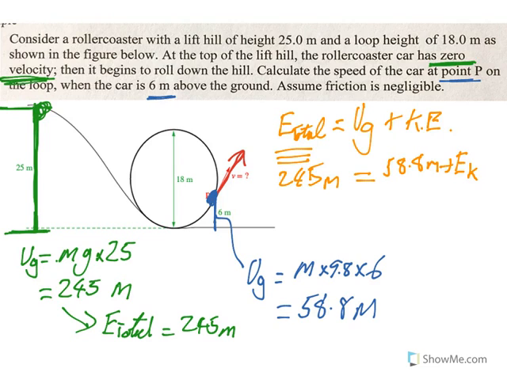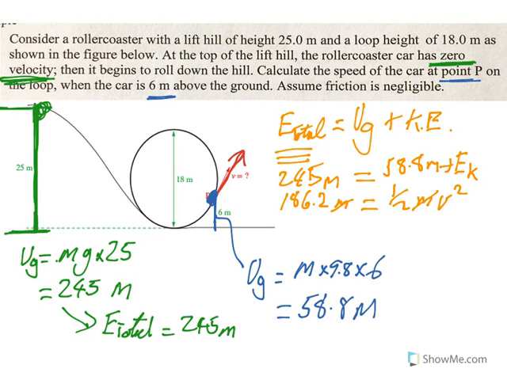When we take 58.8 m from both sides, we've got 245 minus 58.8, so 186.2 m. And kinetic energy, of course, is a half m v squared. You'll notice there's m on both sides, so they cancel. That's handy.